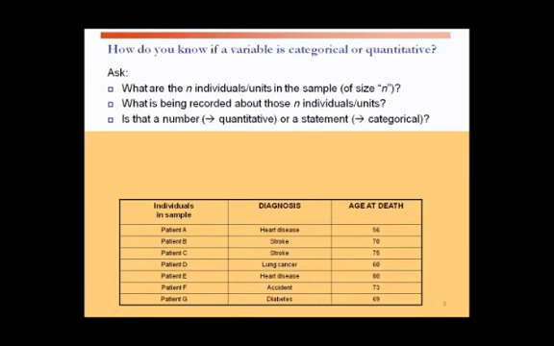So in this case, diagnosis would be qualitative or categorical, and age at death would be obviously quantitative. By the way, age at death, can you tell me the mode, if there is any?